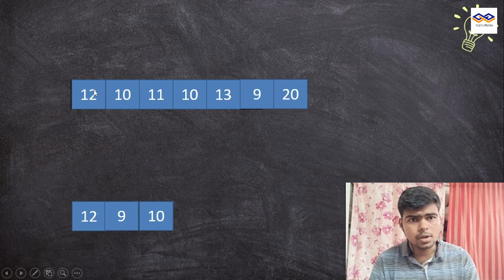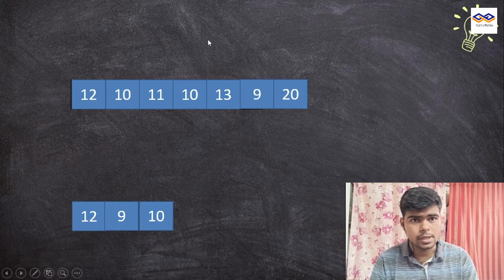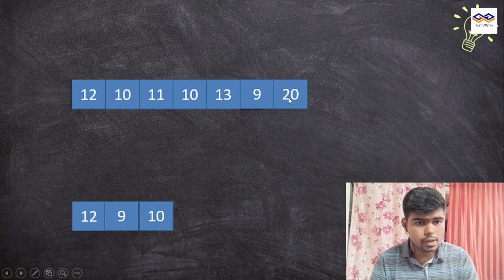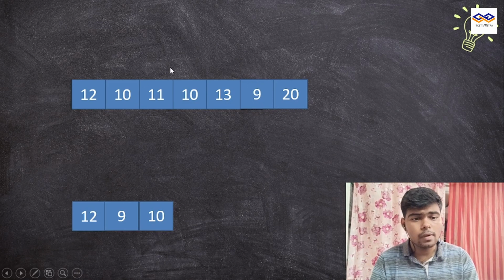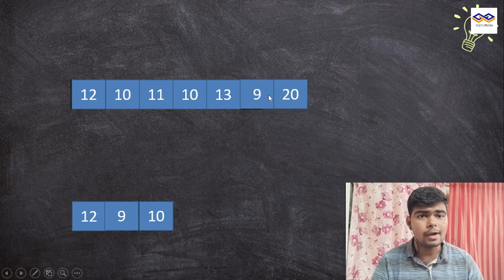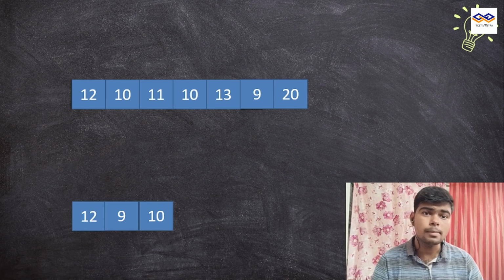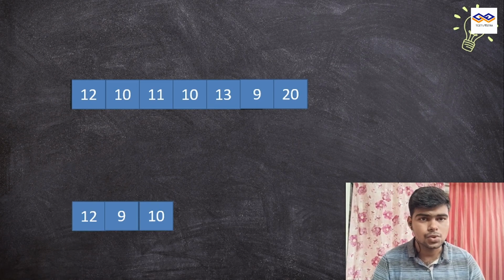Here, what are the neighbors of 12? 10 is the right neighbor, but the left neighbor of 12 is absent here. For this 20, the left neighbor is present, but the right neighbor is not. So 12 and 20 do not have proper neighbors. Can they be my local maxima? The answer is no. Why?